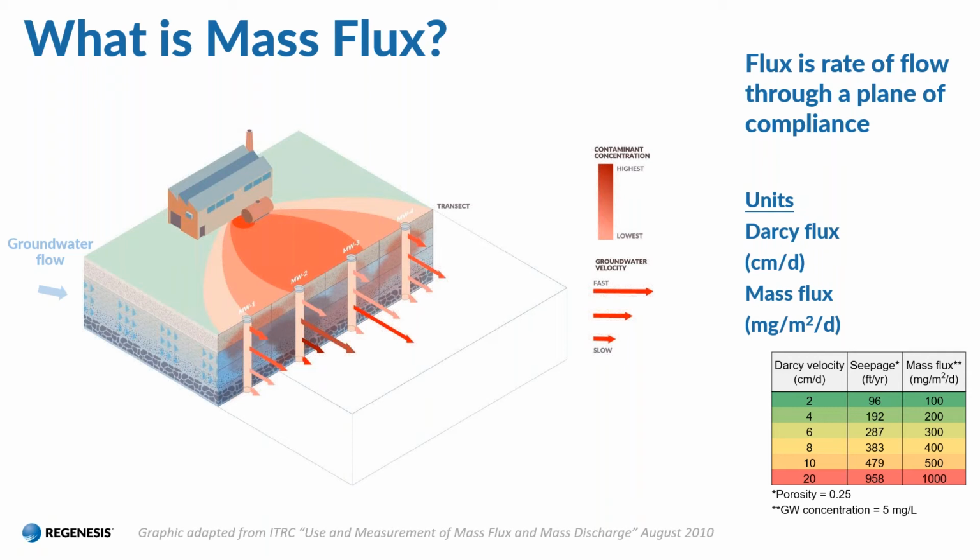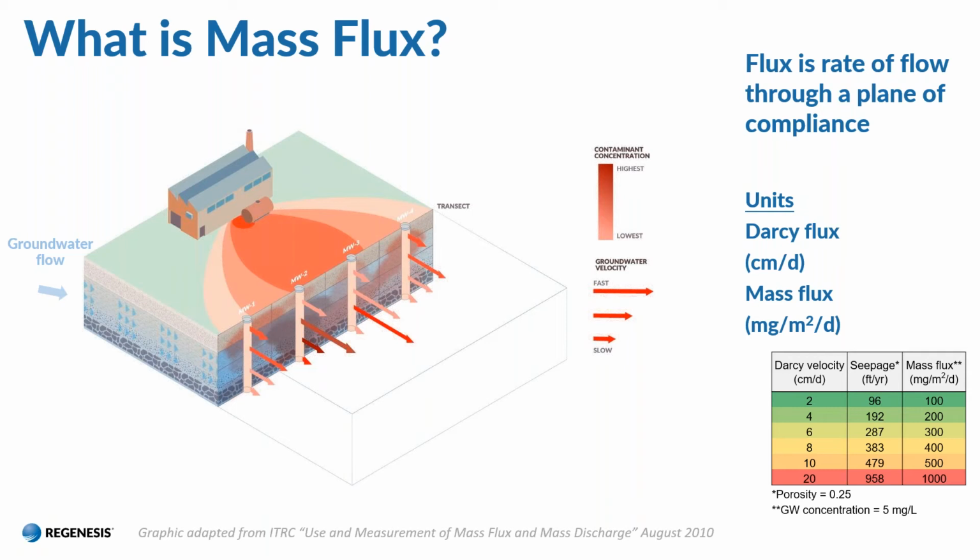And then for mass flux, we have to make an assumption about our groundwater concentration, so we're going to say 5 milligrams per liter. If we use those same groundwater speeds, either Darcy or seepage, at 100 feet per year you would have a mass flux of 100 milligrams per meter squared per day, going up to 1,000 milligrams per meter squared per day at 1,000 feet per year, at a groundwater concentration of 5 milligrams per liter.